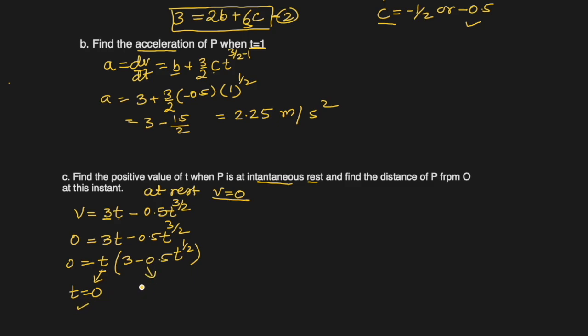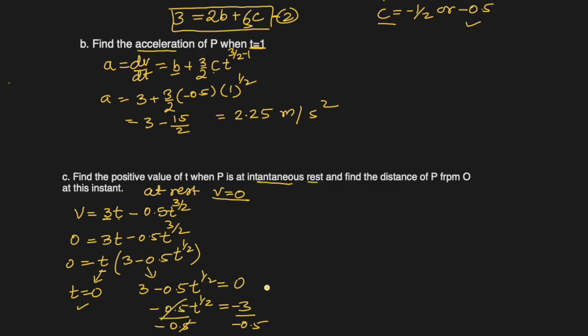This is what will give us some answer: 3 minus 0.5 t to the power half equal to 0. Let's bring 3 to the right side. So minus 0.5 t to the power half equal to negative 3 when it comes to the right. Divide both sides by negative 0.5.